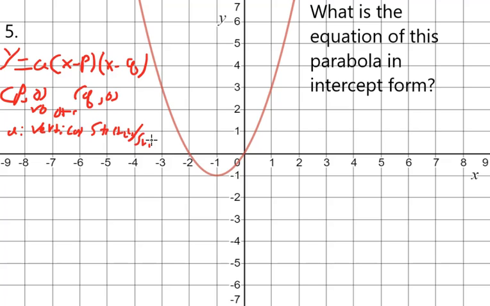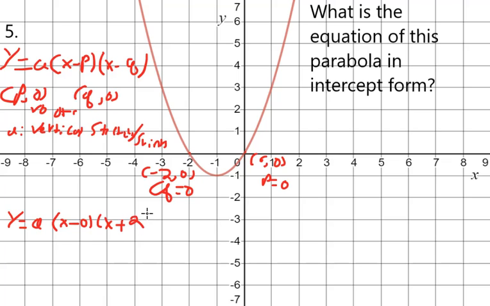Now this parabola has roots at the points (0, 0) and (-2, 0). This tells me that p equals 0 and q equals -2. This gives me the equation y equals a times (x minus 0) times (x plus 2), because it's x minus -2.